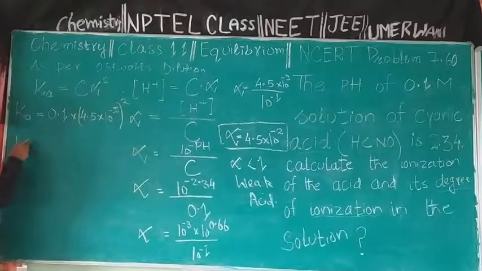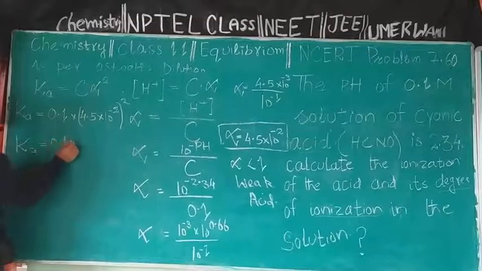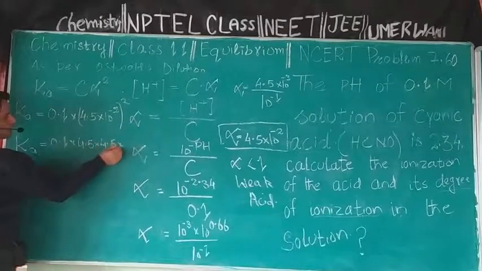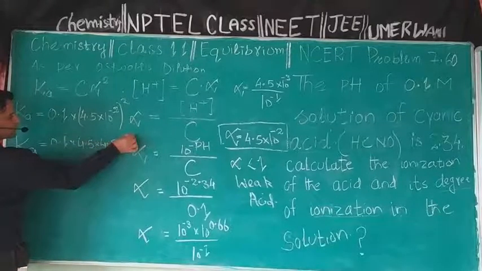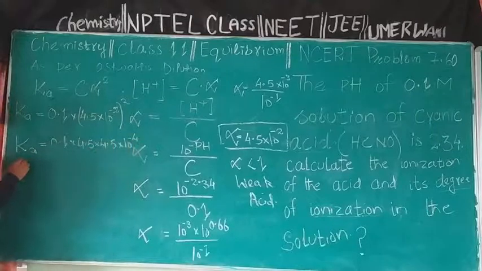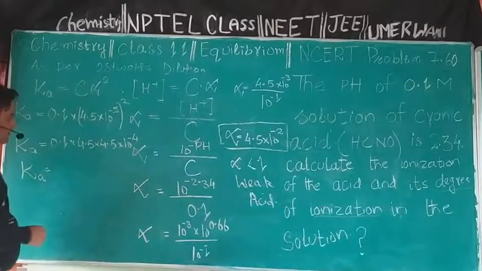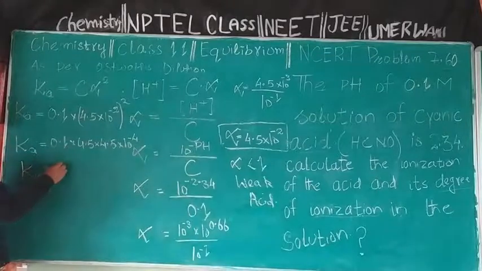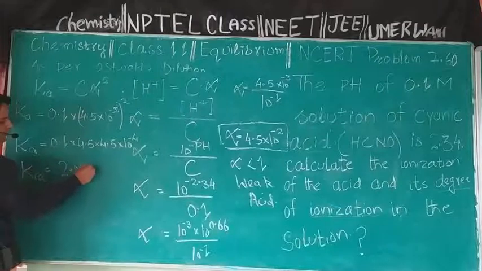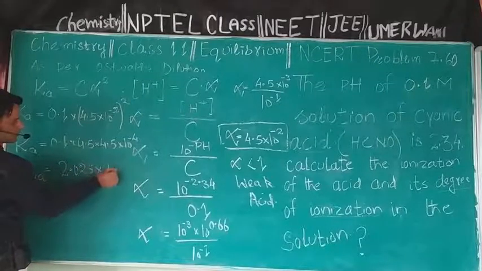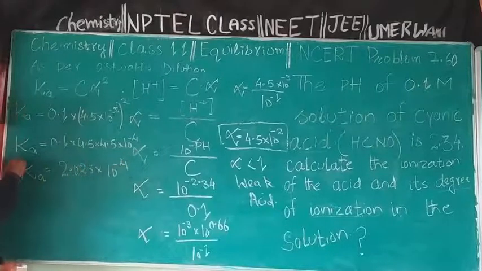Ka is equal to 0.1 into 4.5 into 4.5 into 10 raised to the power minus 4. I have already evaluated this, and it comes equal to 2.025 into 10 raised to the power minus 4.